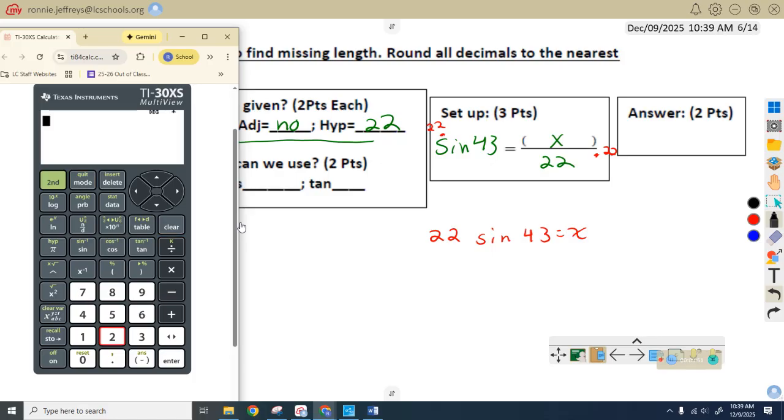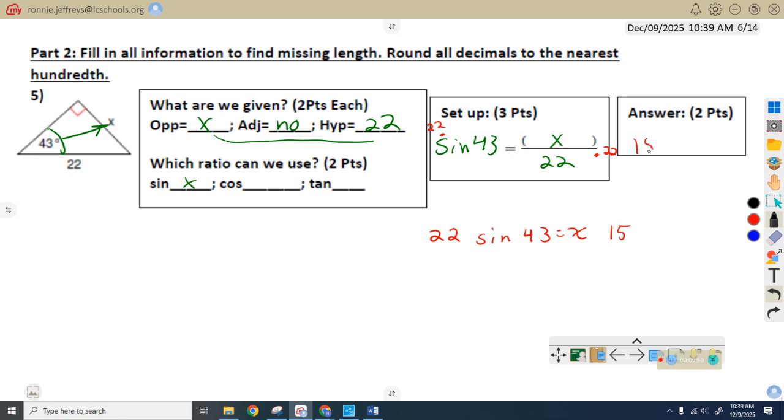Try it again. 22 sine 43. All right, so this is 15.00 or 15.